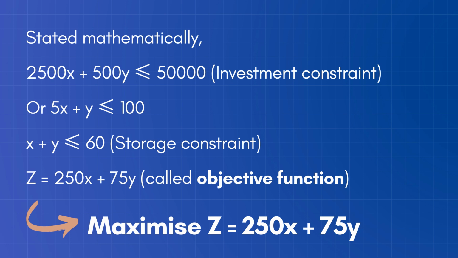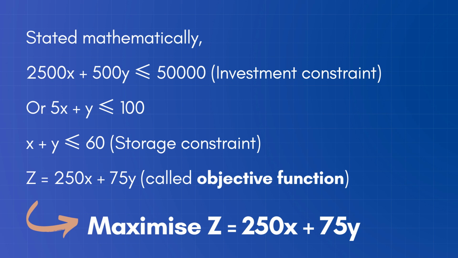Here 250 and 75 are the profit he generates by selling tables and chairs respectively, or to be precise, for selling a single table and a single chair. And this particular function is what we call an objective function.